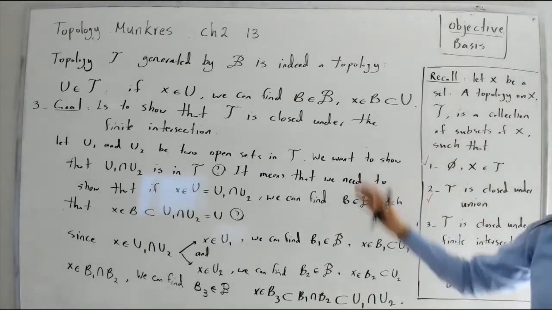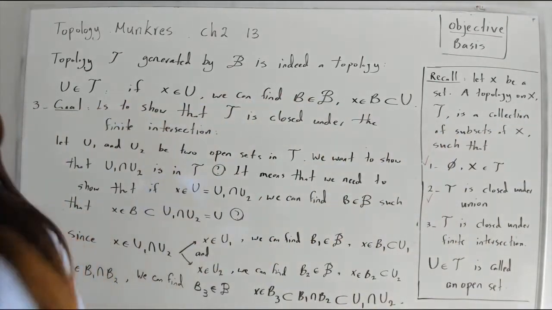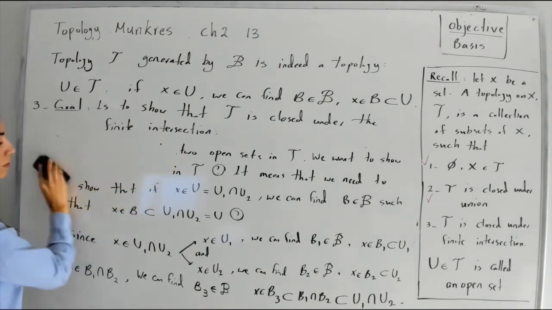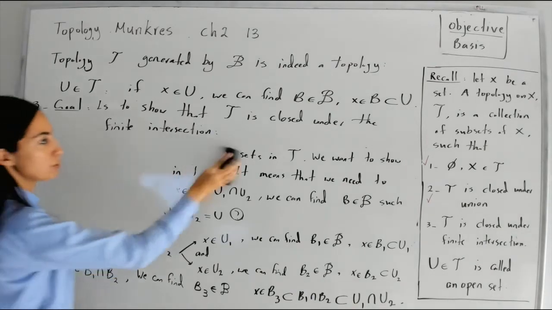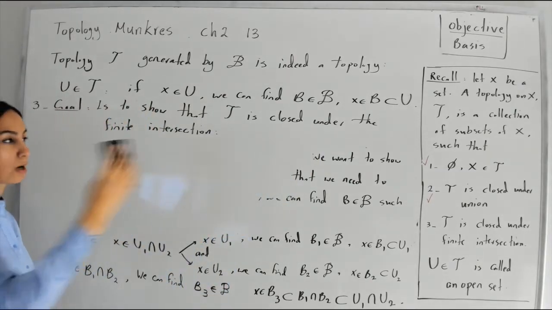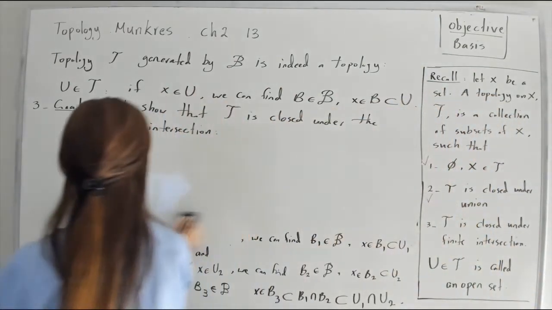This is the base step of our induction. Now suppose we want to show this for the intersection of U1, U2, U3, up to UN.